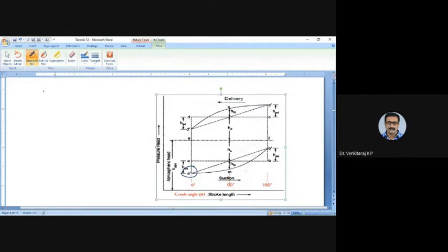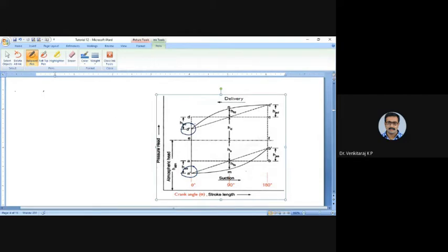And during the delivery stroke, the lowest pressure occurs at the end of the delivery stroke. So these 2 points are very important. In the suction stroke, the lowest negative pressure occurs at the start of the suction, whereas during the delivery stroke, the lowest gauge value occurs at the end of the delivery stroke.